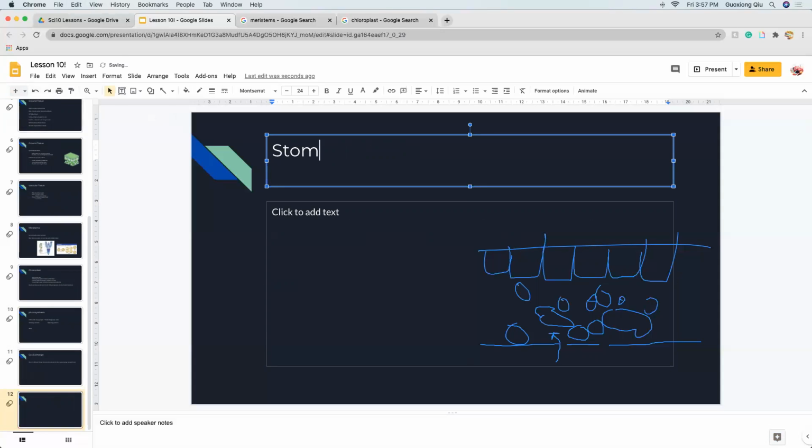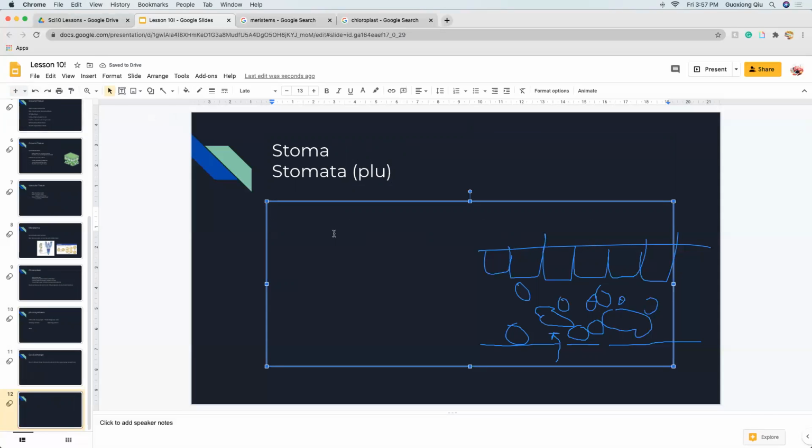So, stoma, or stomata, or plural. Here, let's see. They are regulated by guard cells. So the stoma is not just a hole. It has guard cells on it. That's what I'm saying here.